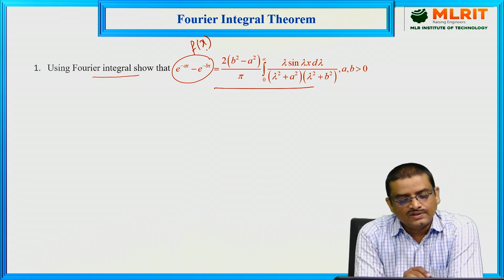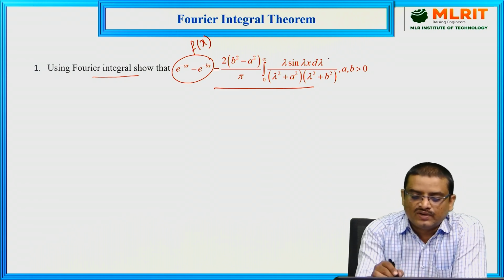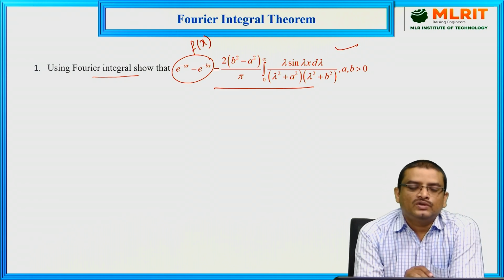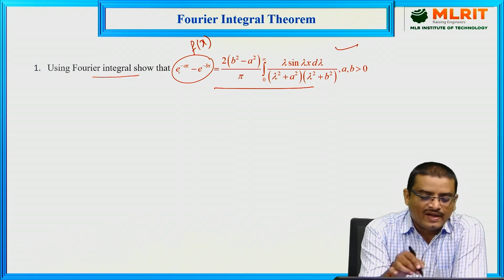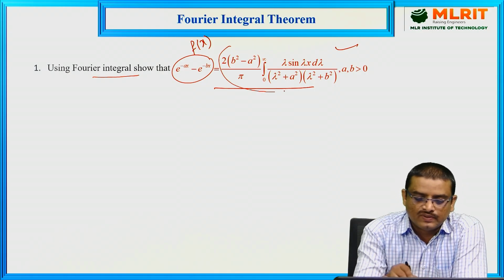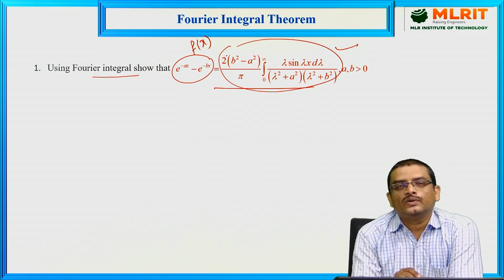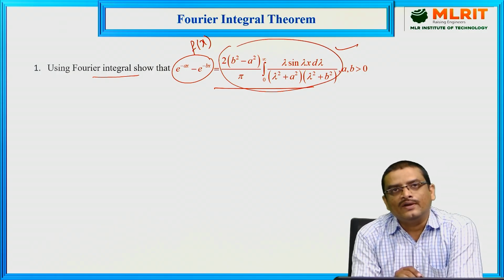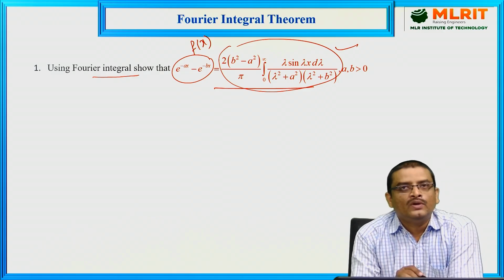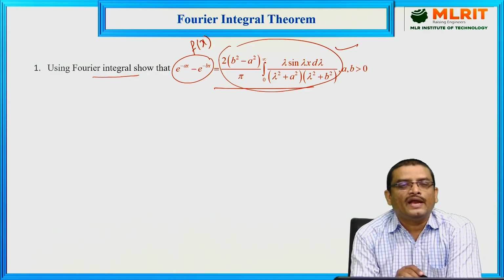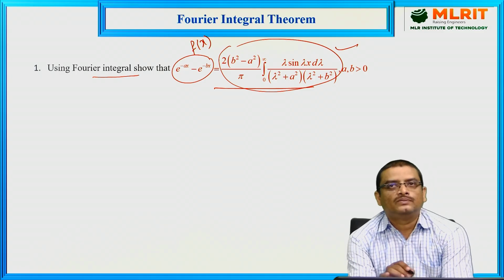So f of x is equal to this; this is the condition we have to prove. The meaning of this is, for this function the Fourier integral value is equal to this value, which we have to prove here. So we have to decide whether to apply the Fourier sine integral formula or the Fourier cosine integral formula. Now we will see how to decide between these two formulas by looking at that problem.